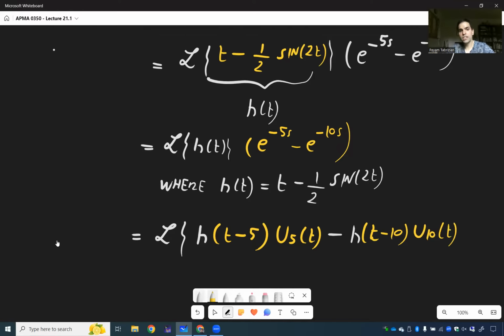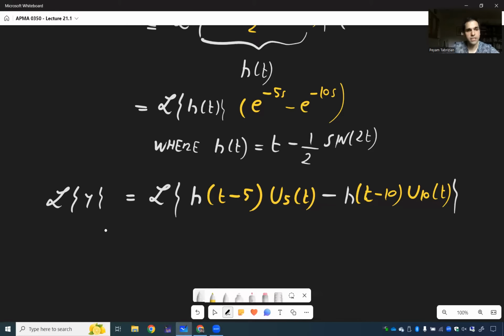Or again, we use kind of the reverse of the formula from before. So what do we get? Laplace of y is Laplace of this monster. So the answer is y is this monster. I think step 5: answer.